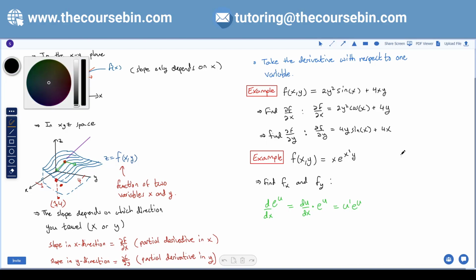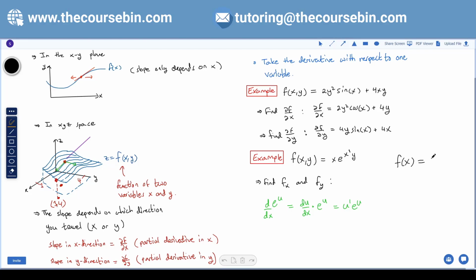Let's say, for example, f of x is equal to e to the sine of x. Then f prime of x is equal to cosine of x times e to the sine of x.